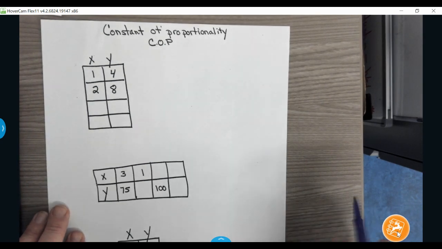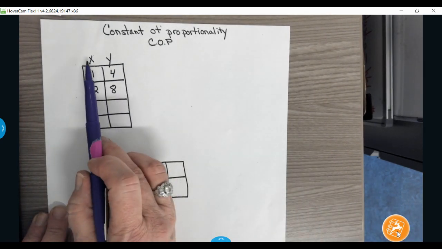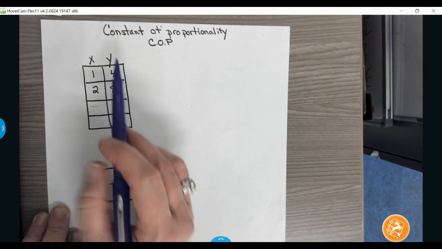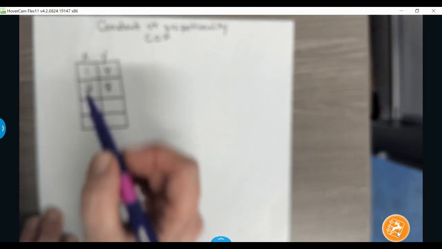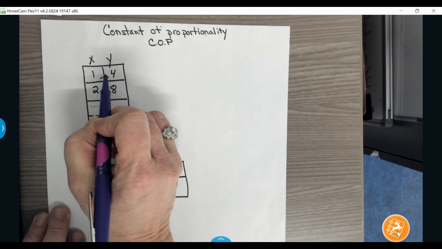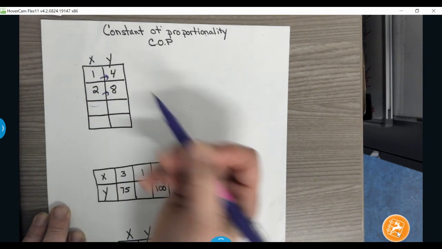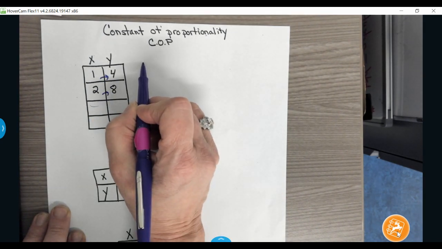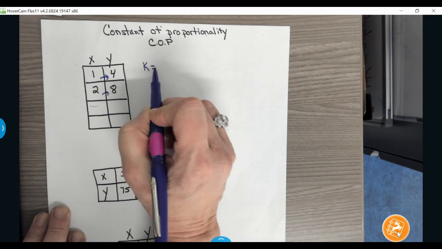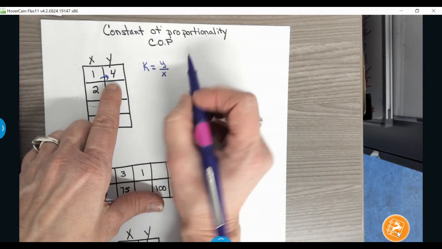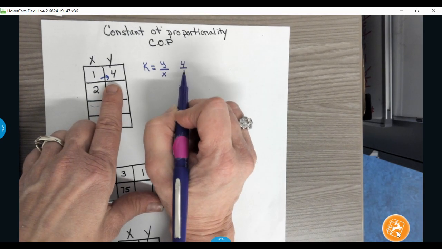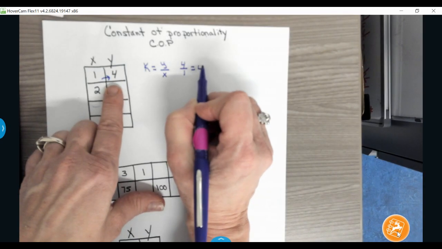So we've been talking about when you have a table and we're working with constants, proportionality, we're looking for what is that multiple across this table, and you can do that by the constant is equal to y over x, and in this case it is 4 over 1, which is 4.